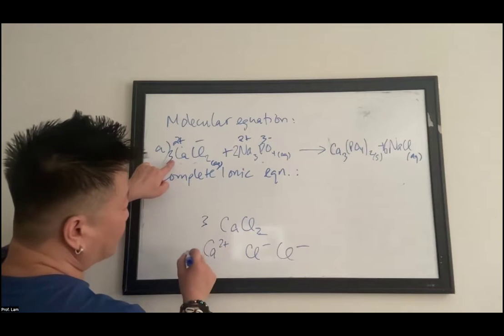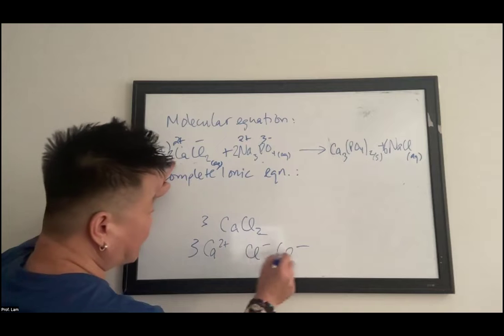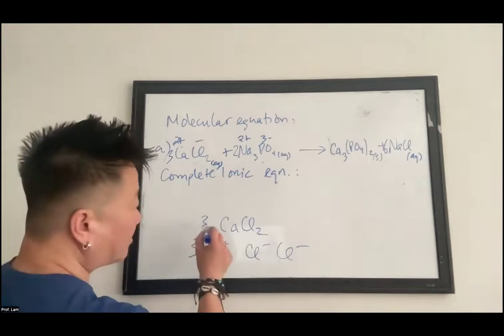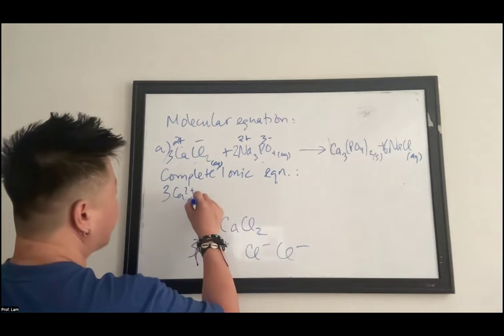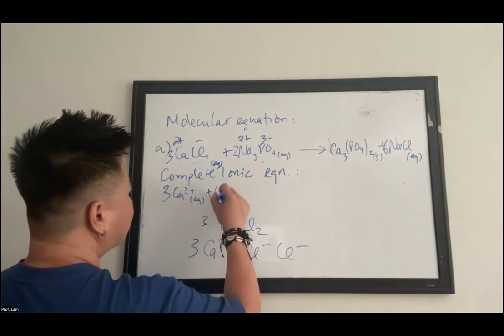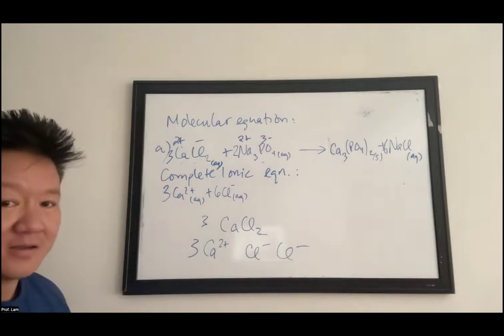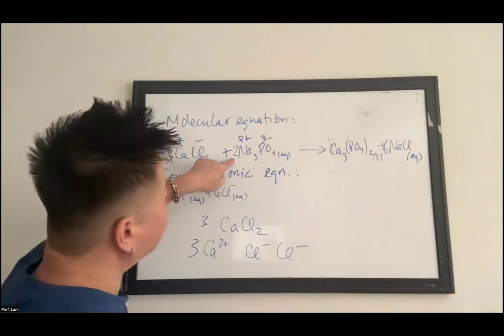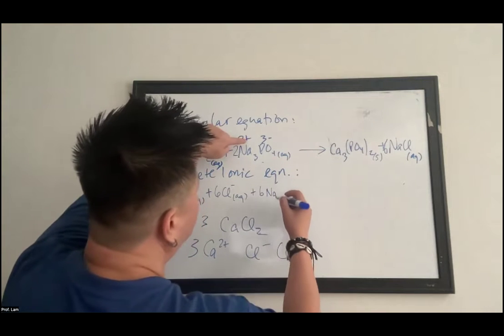So I have 3 of these, which means I will have 3 calcium 2+ and 6 of these, because I have 3 times 2. So I will have 3 Ca2+ aqueous plus 6 Cl- aqueous. That's how I'm splitting this up. And then here, how do I split this up? That's 6 sodiums. And sodium's what charge? Plus.